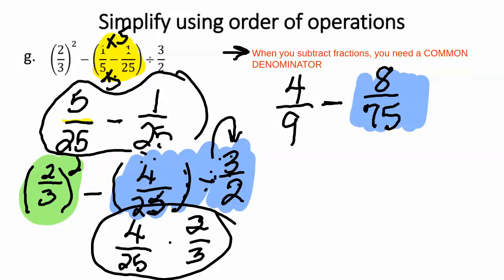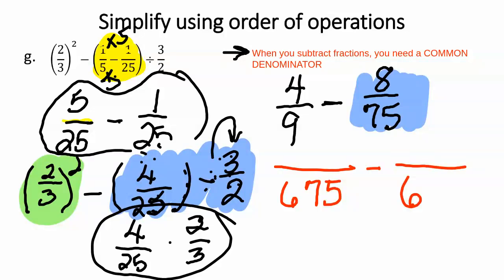Now, you're going to like this one. My common denominator happens to be 675. Well, 9 times what gives me 675? Well, it's 75.